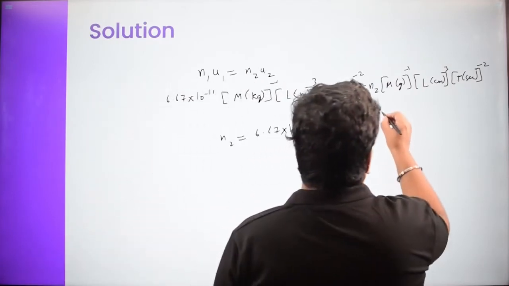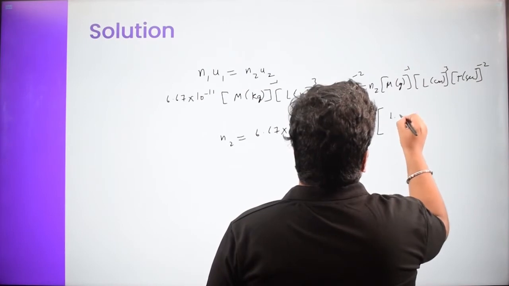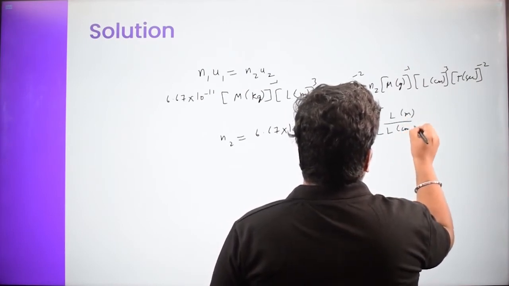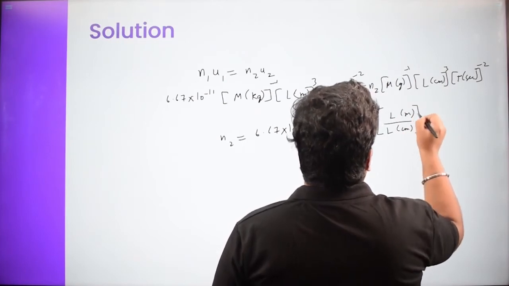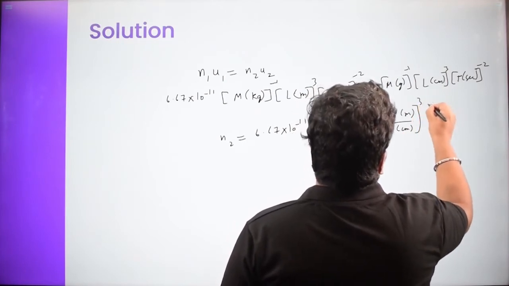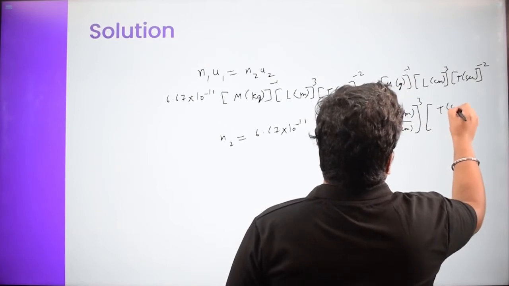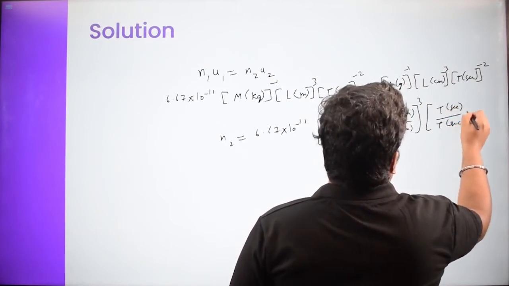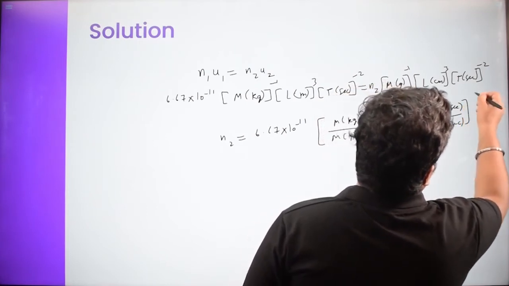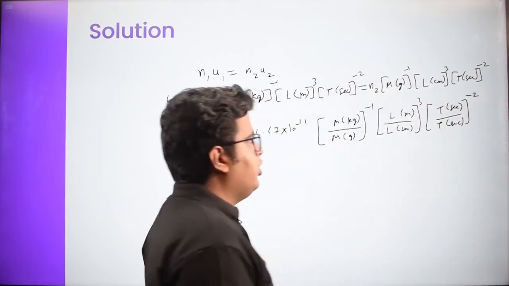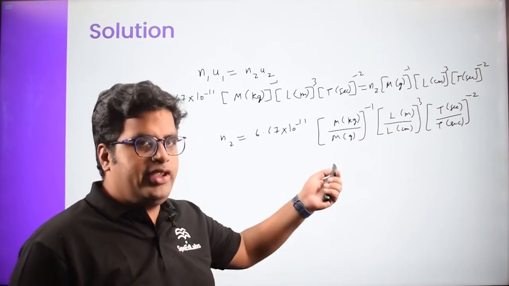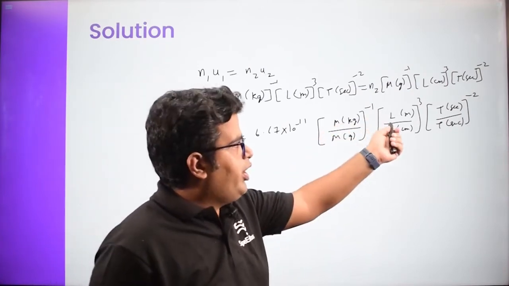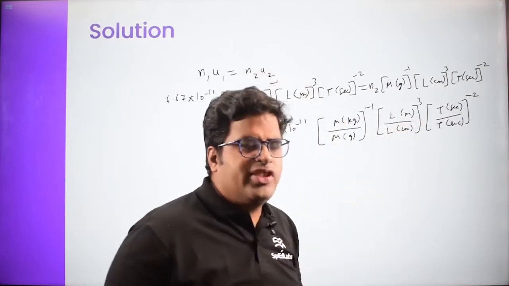Then we have length, so length in meters upon length in centimeters, raised to the power cube, and time in second upon time in second, raised to the power minus 2. Now to find the value in CGS, we have to convert kg into g, and meter into centimeter, and time is everywhere in second.